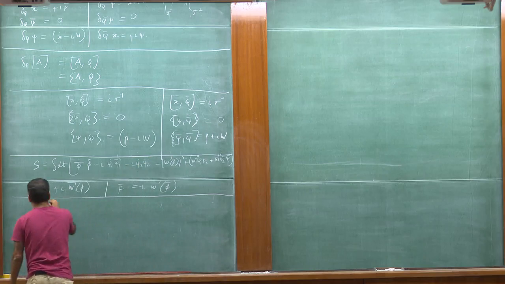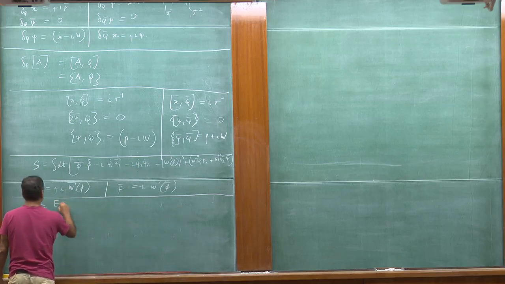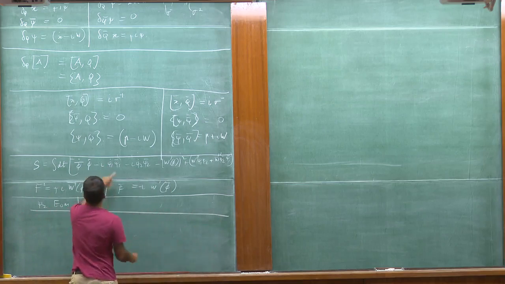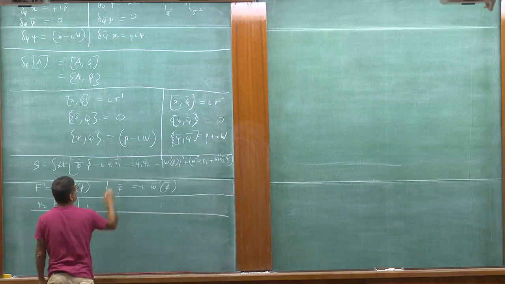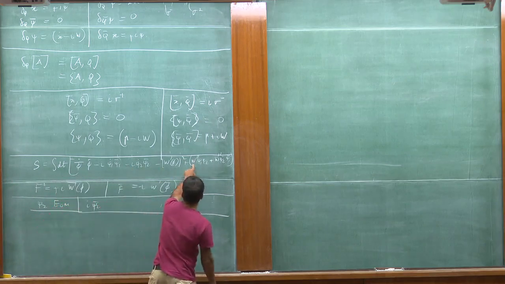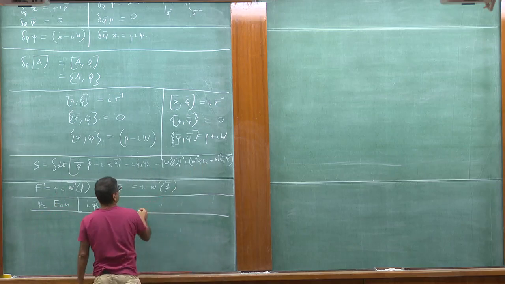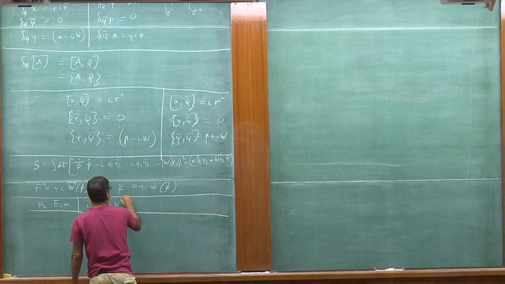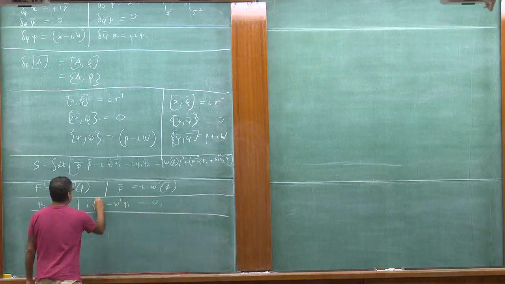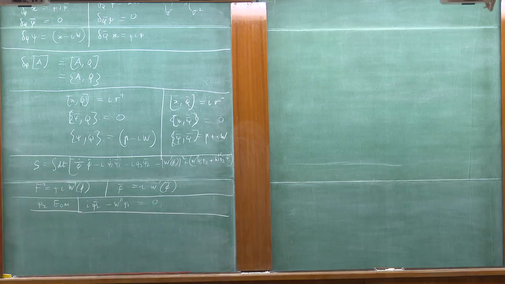So from here we get an I psi 2 bar. And here we get a minus switch. So we get minus W double prime psi 1 is equal to 0. Psi 2 bar dot. Thank you. Okay.